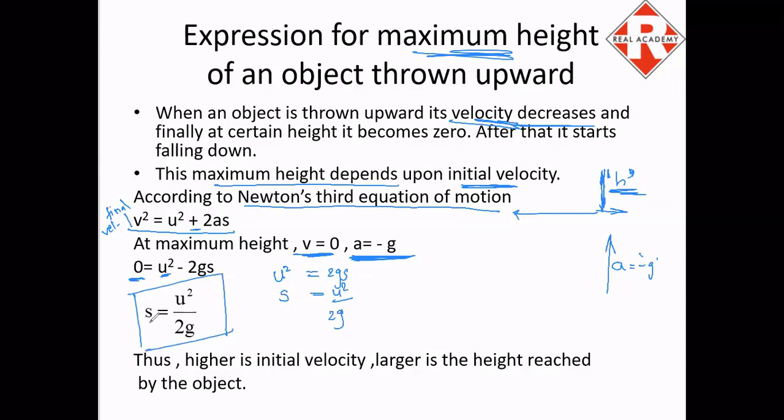So you can see with this, higher the initial velocity, जितना ज्यादा initial velocity रहेगा उतना ज्यादा height पे वो पहुंचेगा, right? Higher the initial velocity, larger is the height reached by the object, as simple as that. और ये बहुत basic example है अपना. जितना ज्यादा ताकत से आप बॉल ऊपर थ्रो करोगे, उतना ज्यादा height तक वो जाएगा. क्लियर ना?